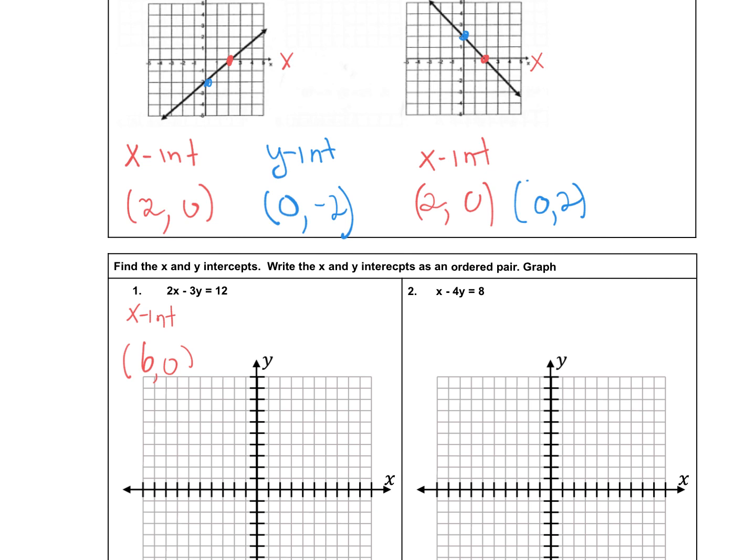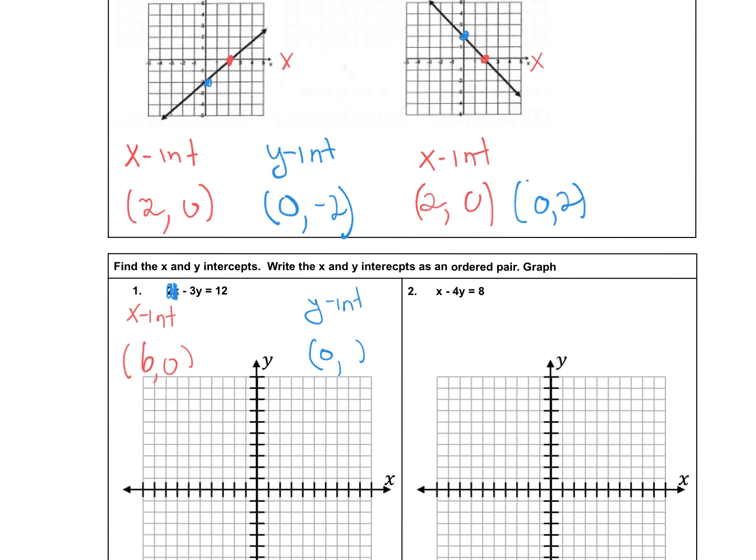If we look at the y-intercept, remember the y-intercept, the value of y when x is 0. And if we let x equal 0, this would be gone. We would have -3y equals 12.